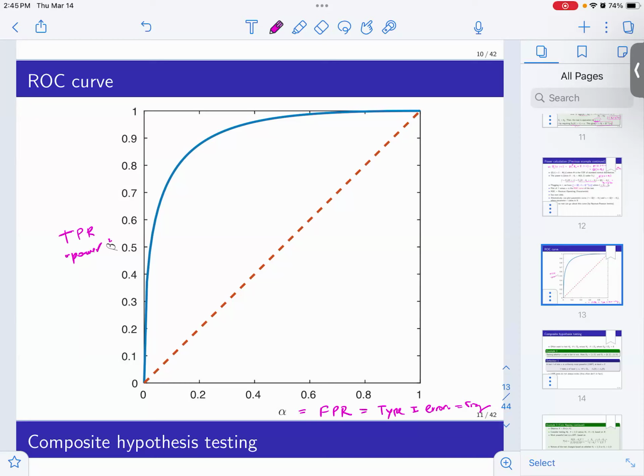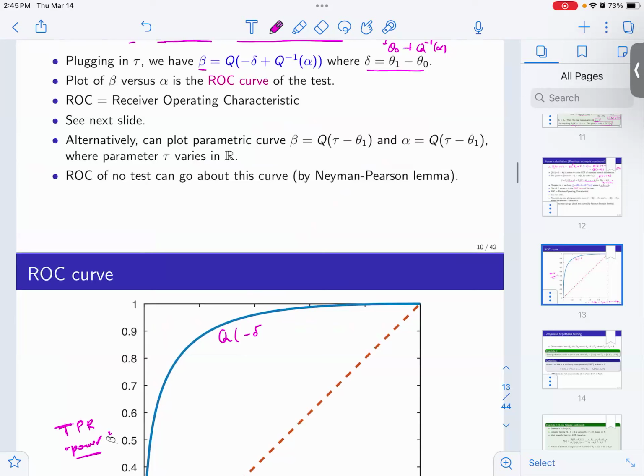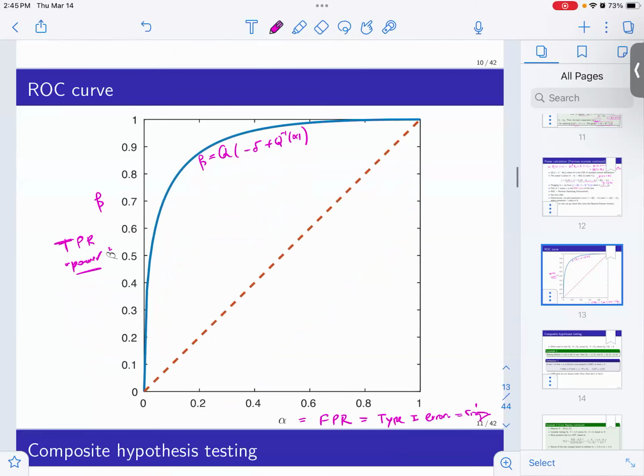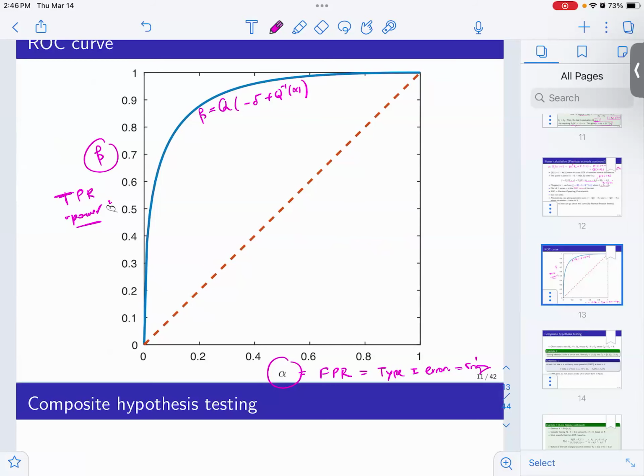True positive rate and false positive rate are mostly from classification or multiple hypothesis testing, but here it is power versus significance level. So that's the curve: Q of minus delta plus Q1 inverse of alpha. This is beta, this is alpha.